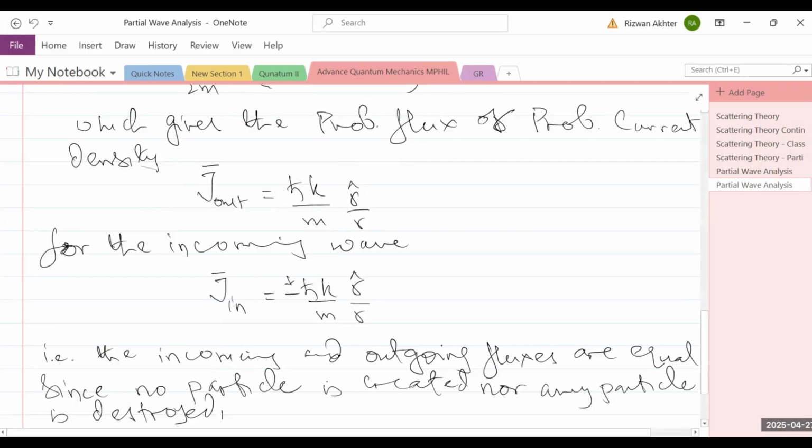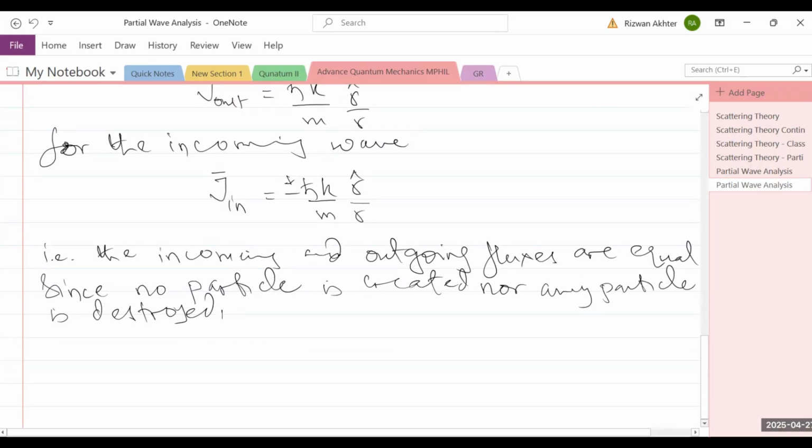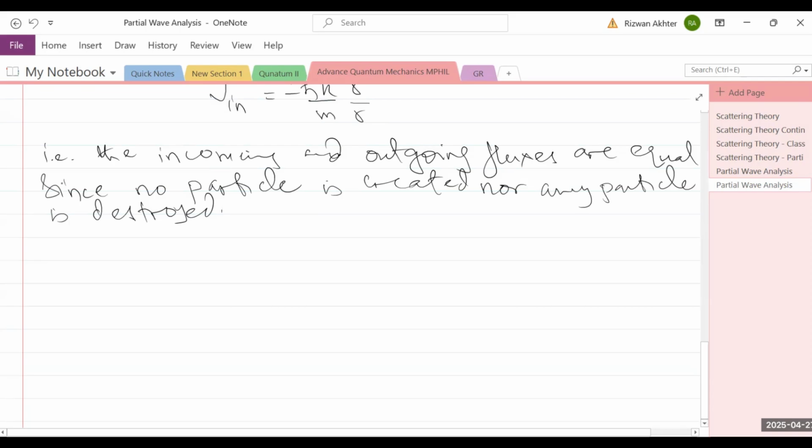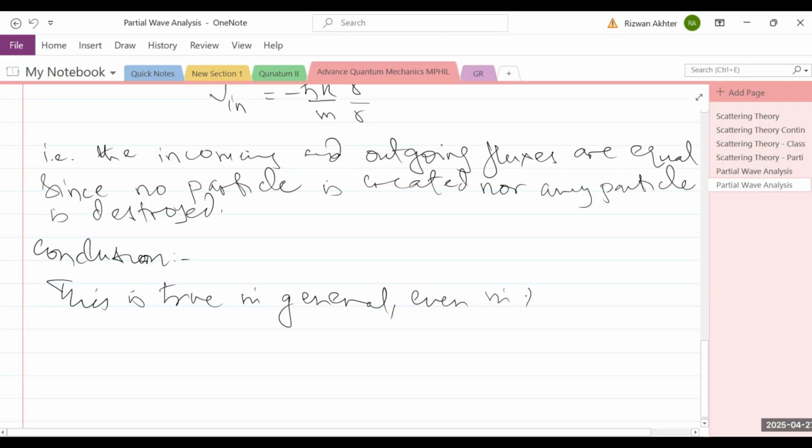So we can conclude here, for the case of no scattering. What is the conclusion here? This is true in general, even in the presence of a scattering potential.